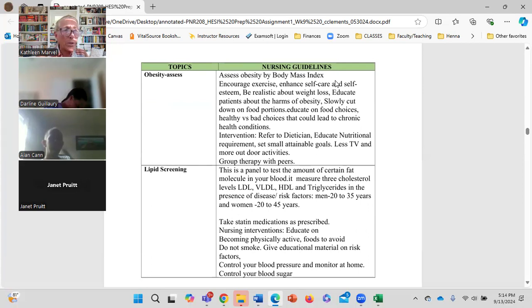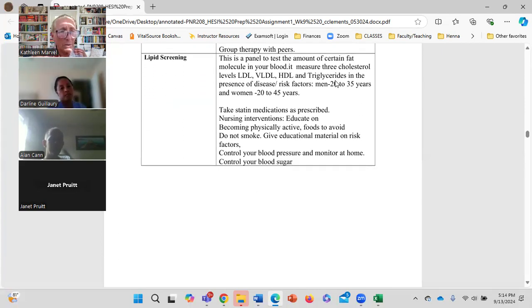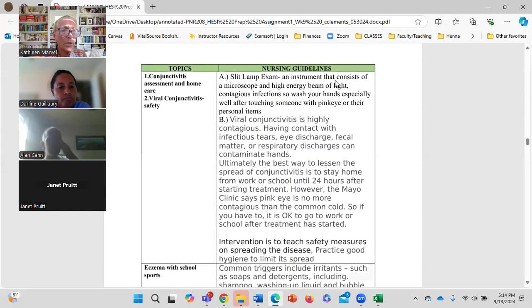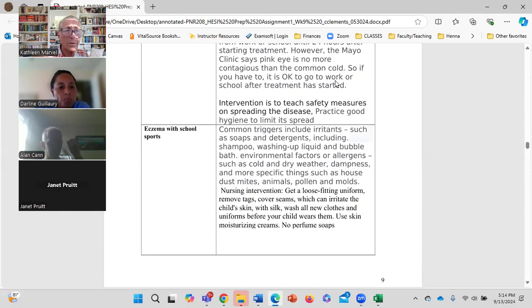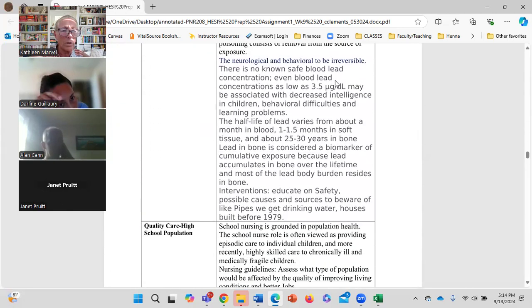Okay. What about lipid screening? When did you talk about lipid screening? Med-surg 1 and 2. Yeah. We covered conjunctivitis in, I believe, week 2 of pediatrics, right? We've covered conjunctivitis in a few classes. Eczema you've covered in pediatrics, in a few classes. Lead poisoning you've covered as well.